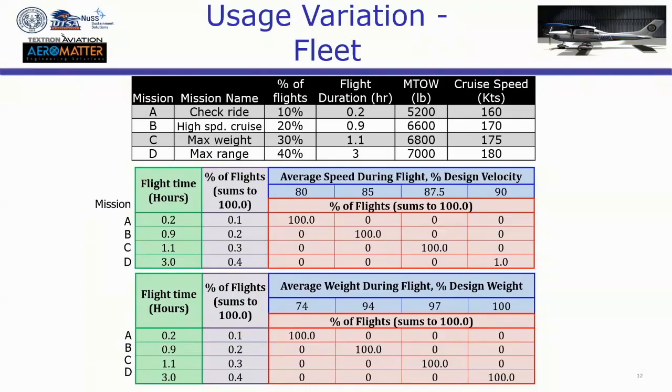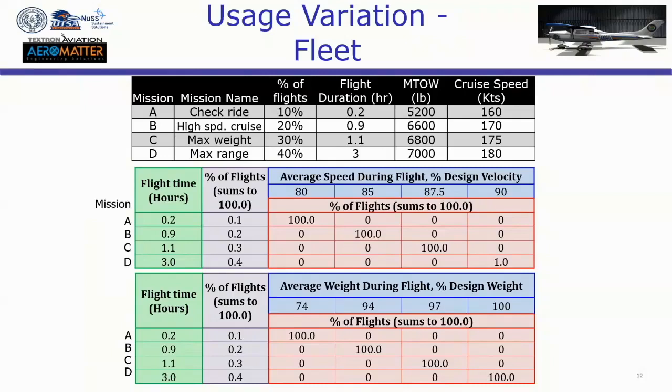So what we do is we take these 4 different missions and populate these matrices that we have here. The first matrix is flight time versus VNO percentage speed. So we have our cruise speed, VNO, in knots. Then I have flights that were 0.2 of an hour all the way to 3 hours, as I have it here.